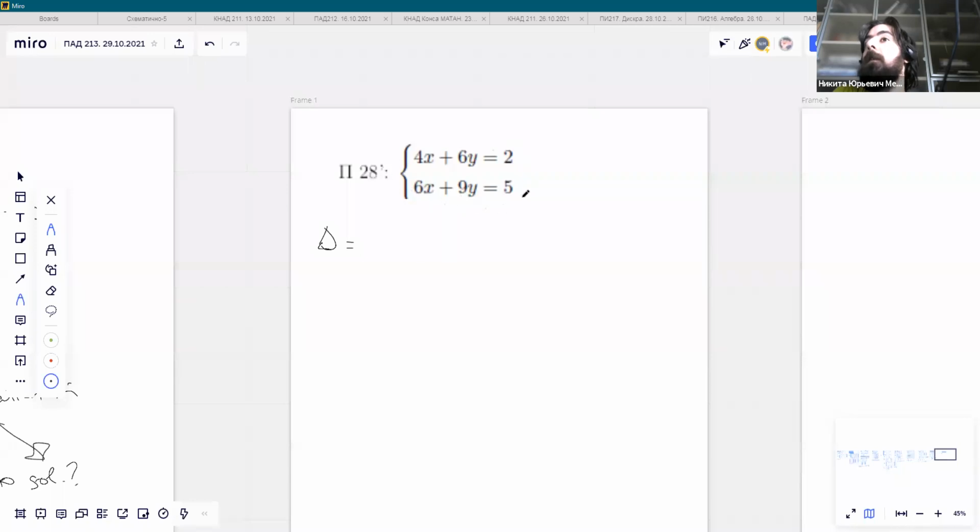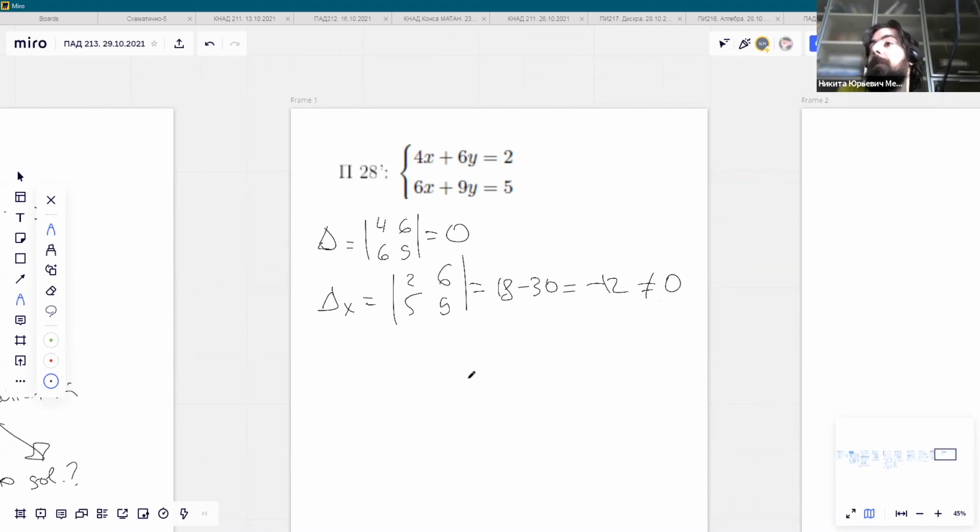Please look at another system I have created for you. Here this determinant is still 0, but delta x is now 18 minus 30, which is minus 12. And delta y is something else, 8.